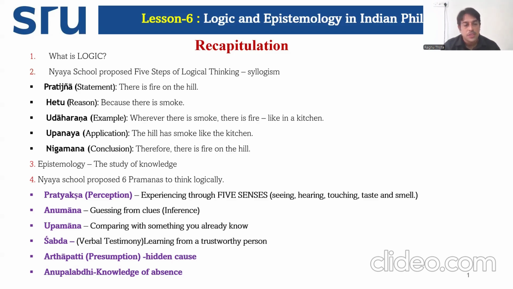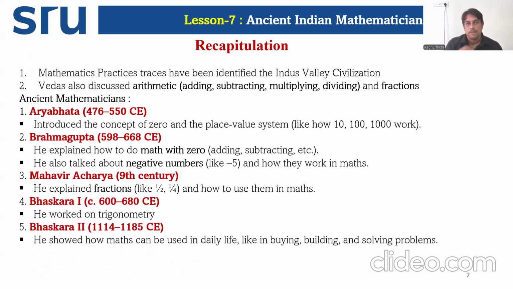The detailed discussion about all these concepts I have already given in the previous lectures. You can have a glance at it. And this is in brief about lesson number 6, Logic and Epistemology in Indian Philosophy.